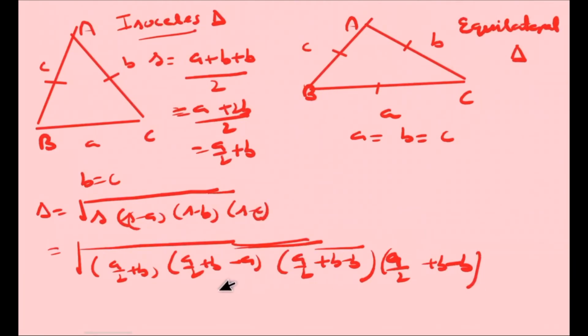So what are we left with? a by 2 plus b minus a means b minus a by 2, and here the b is cancelled and here the b is cancelled, leaving a by 2 and a by 2. And here, a by 2 plus b minus a by 2 means b minus a by 2.